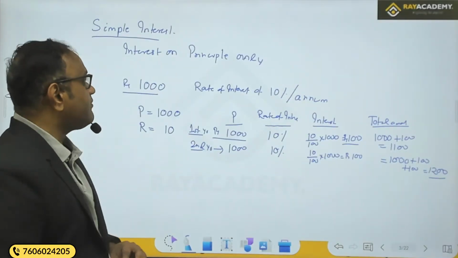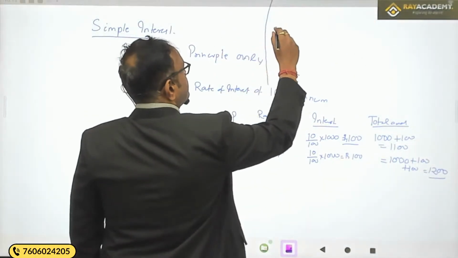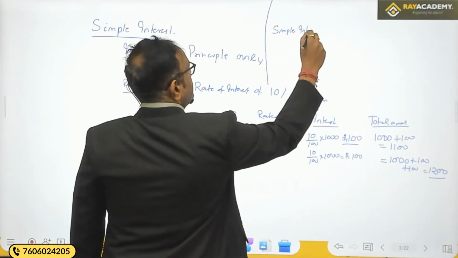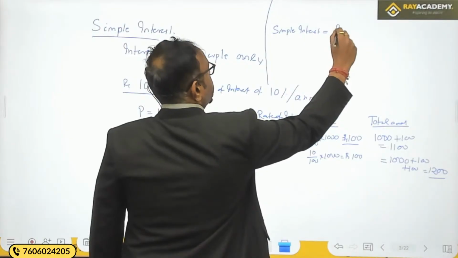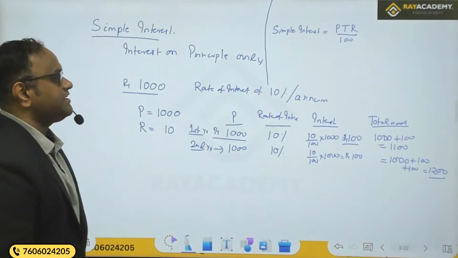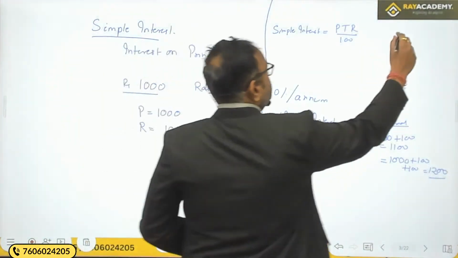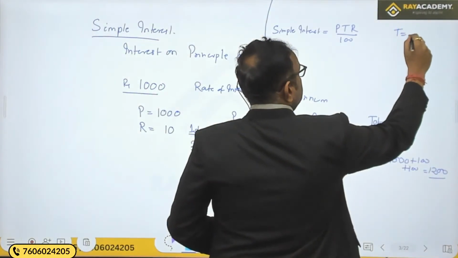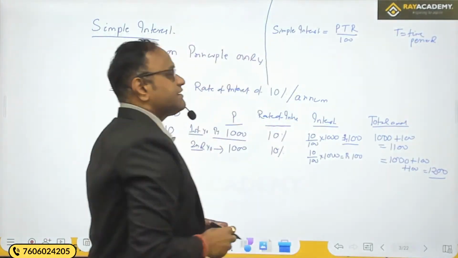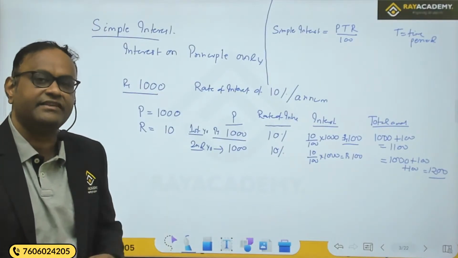Now we also have a formula. The formula is like this: simple interest is PTR by 100. What is P? You know, principal. T is the time period. Since the rate of interest is given 10% per annum, time also we will take in number of years.